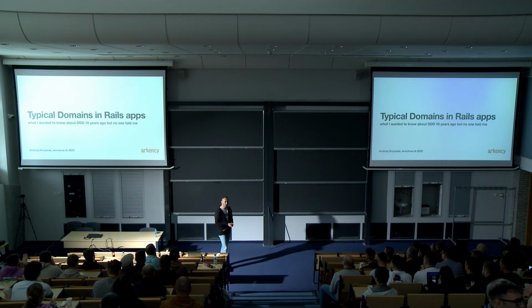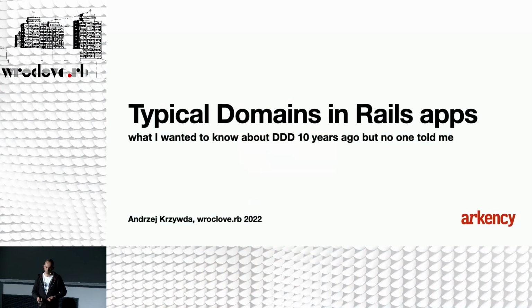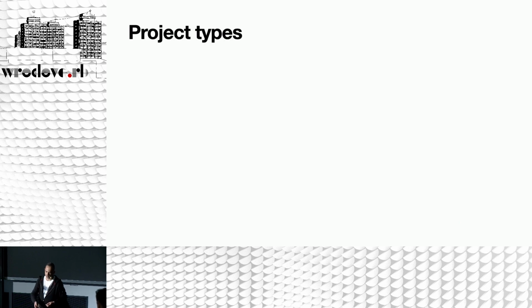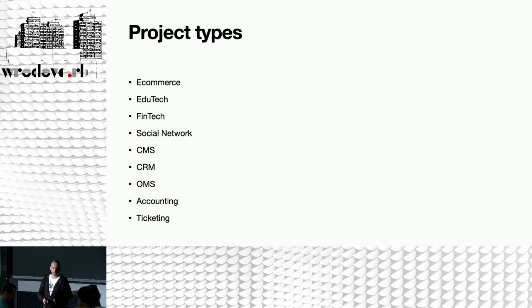Today I would like to talk about DDD, domain-driven design, from the perspective of the code that we all write the same. Yes, we all work on different project types. Maybe some of you work on e-commerce. It's popular nowadays to work on edutech, so courses, teaching, learning, and stuff.